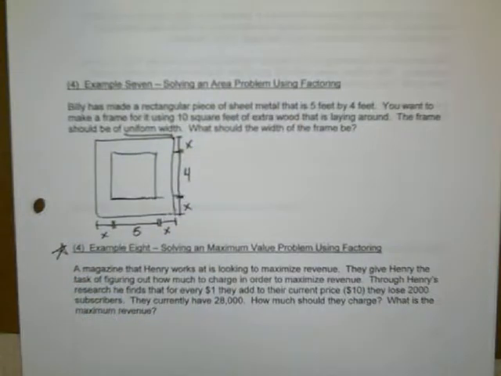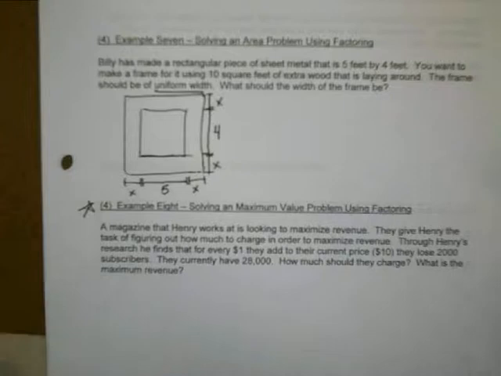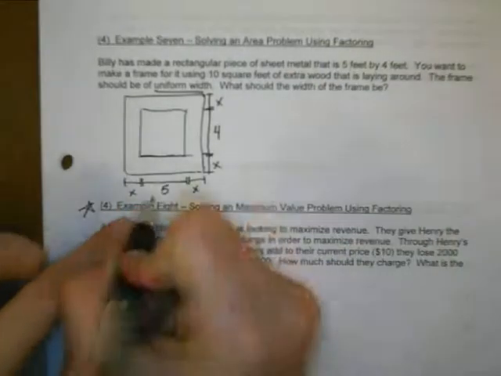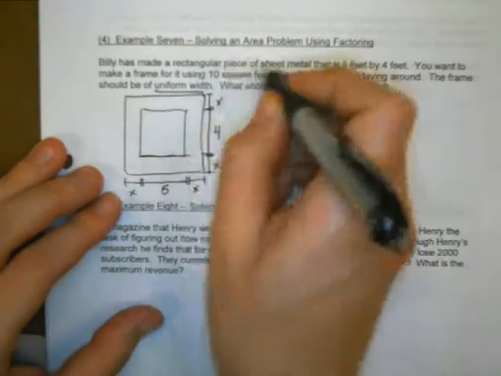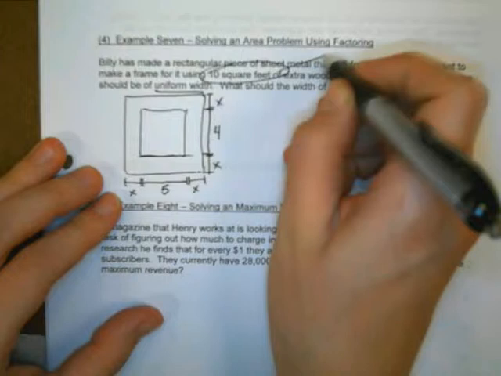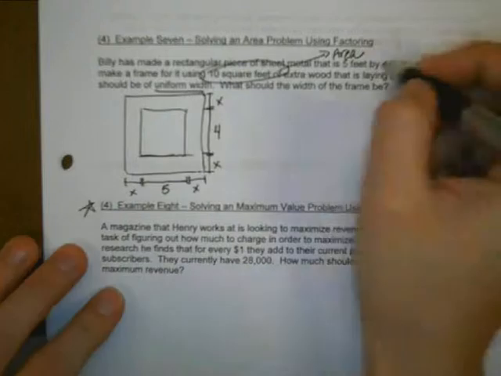Well, the way I've set up the problem, the width of my frame is labeled as X. Let's see if we can set this up. Another piece of information it gave me represents an area, and they give me the area there, too.